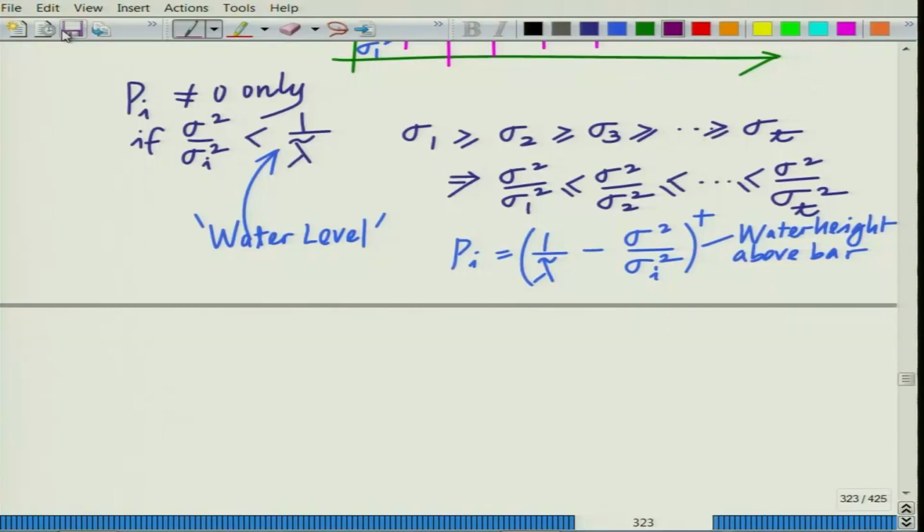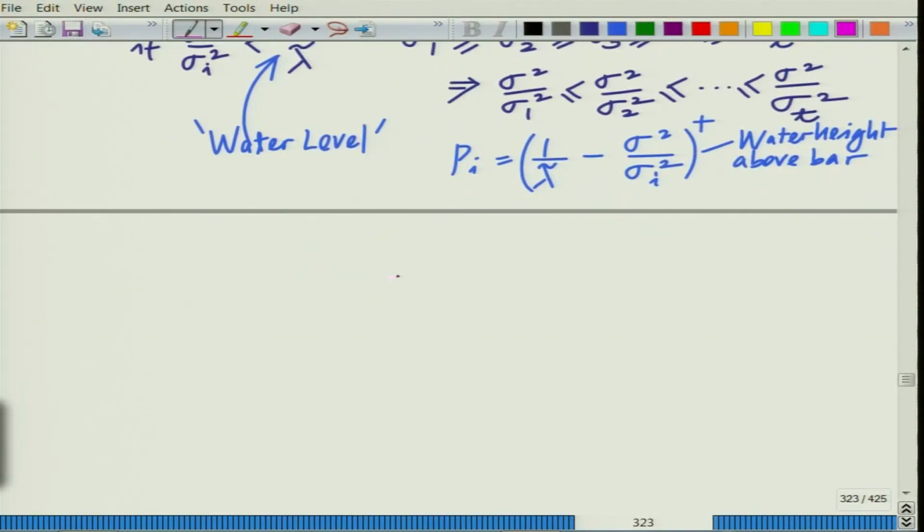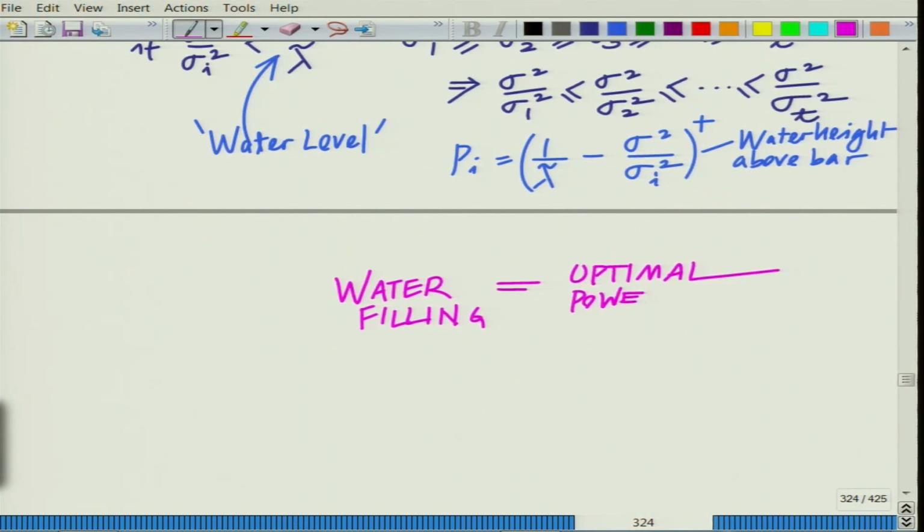So, what does the water filling algorithm do? It allocates the powers to the sub channels optimally.